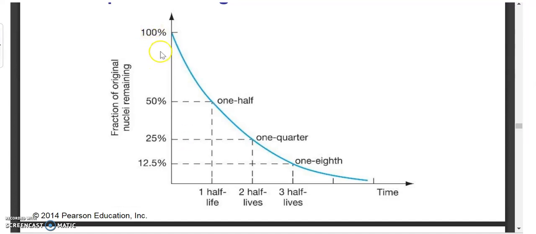For example, I'm simplifying this, it's a little more complicated, but let's take uranium-238. We can measure its half-life in the laboratory. It's pretty easy to do. The half-life of uranium-238 is 4.5 billion years.